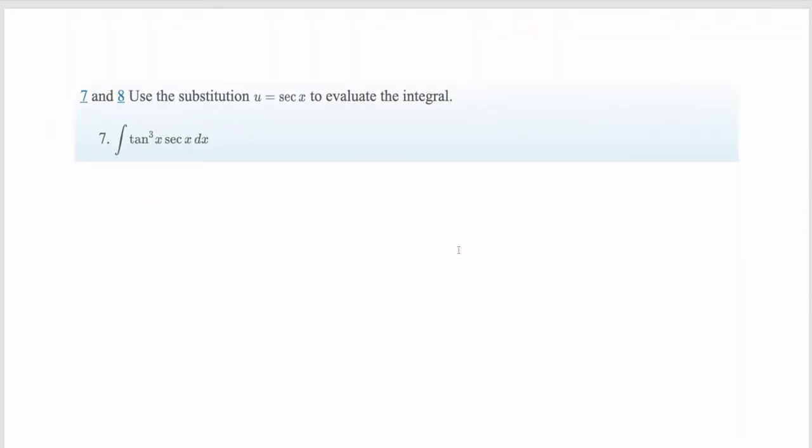This one might look a little scarier because you're more used to sine and cosine, things like that. But it actually gives us the substitution to use, which is pretty nice. So u equals secant x, so du equals secant x tan x. So we go over here and we're like, what? Because I see a secant, so cool, that can be u, but I don't see a secant tan. I do see a tan.